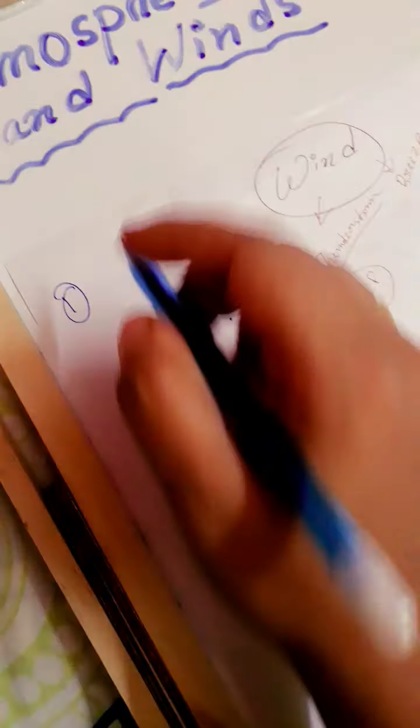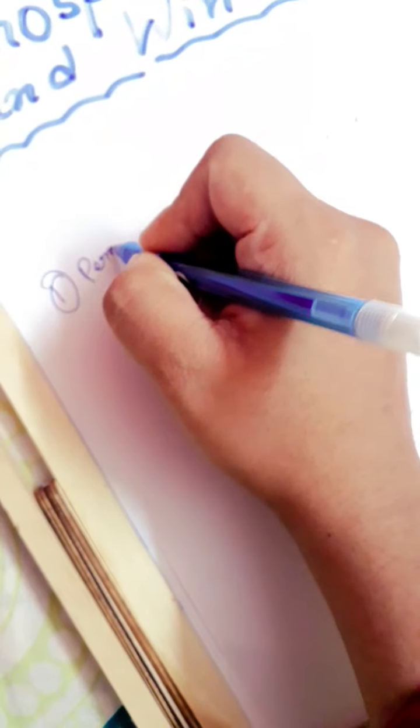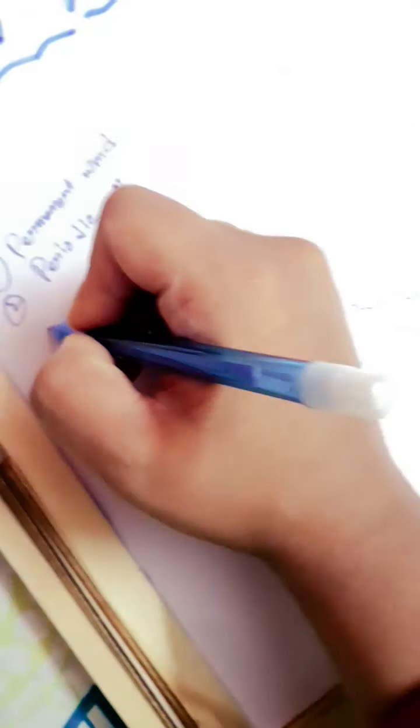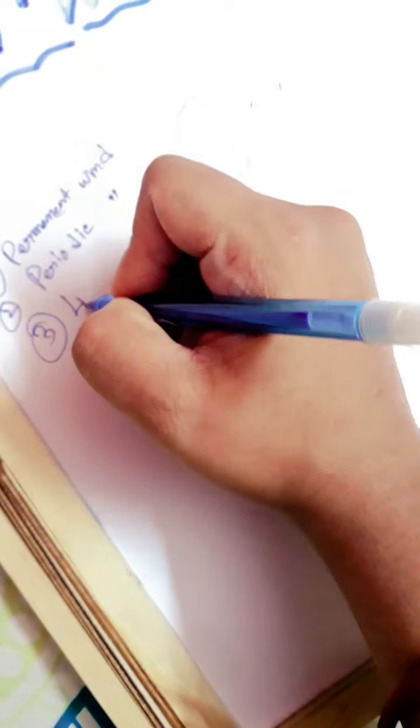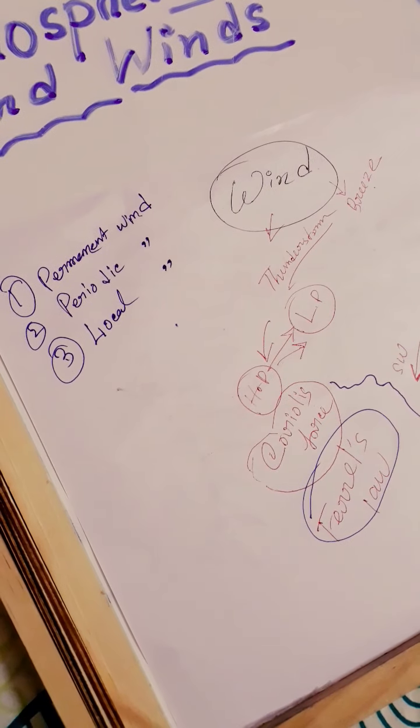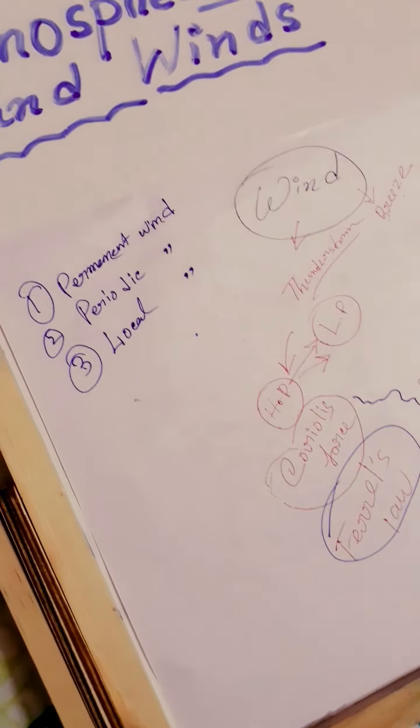Number 1, permanent wind, and another name is planetary wind. Number 2, periodic wind, and number 3, local wind.